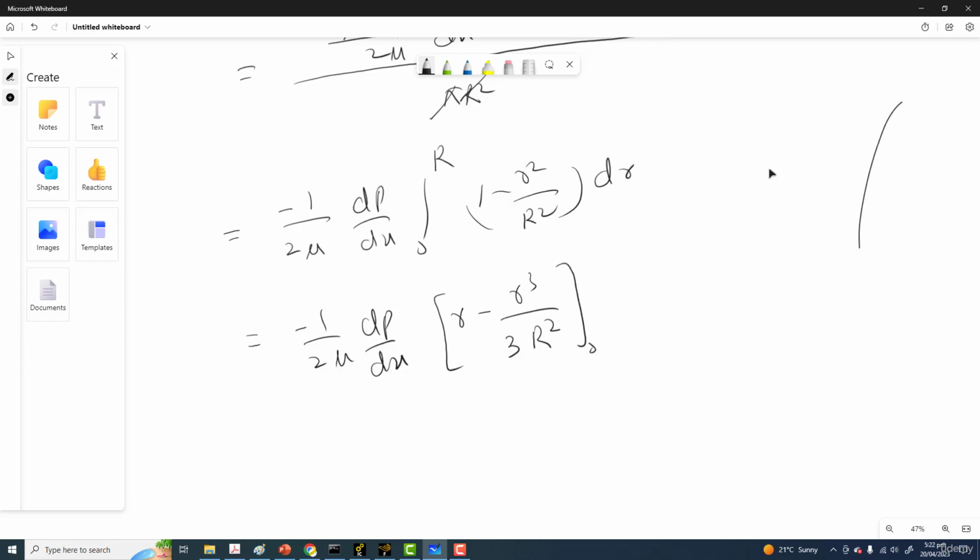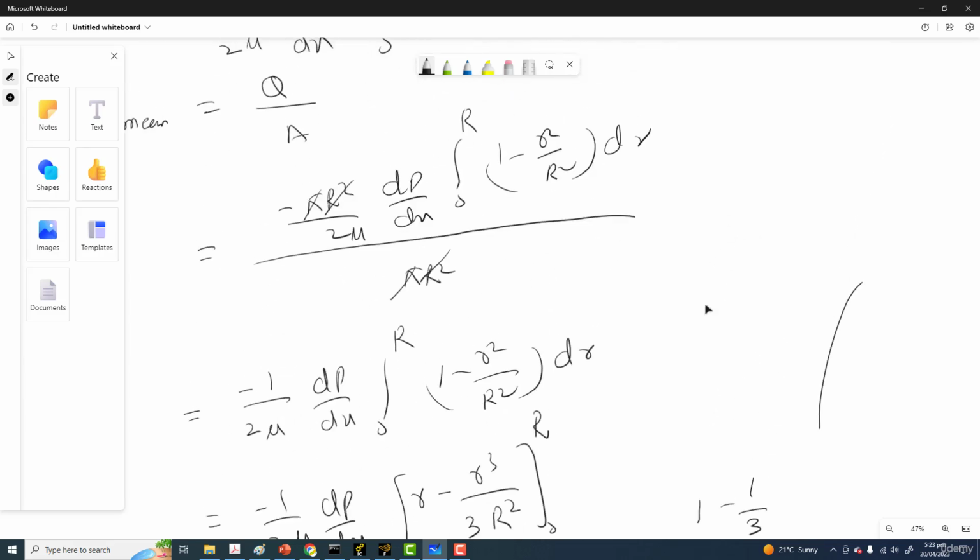So the limits are 0 to R. So if you simplify this thing, this will be minus 1 upon 2 mu and dp by dx, and here this will be the R minus, so R cube upon R square will be the R, so this will be the R upon 3. This is the 1 minus 1 upon 3.